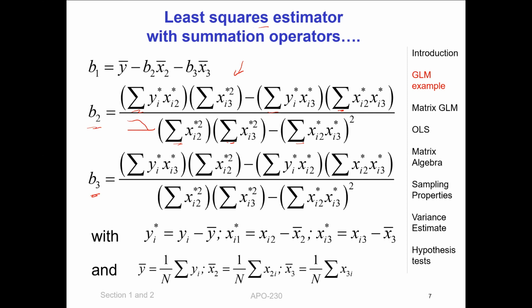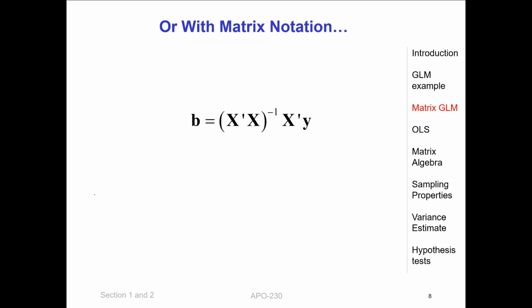Imagine the case, like I said, where I have 25 coefficients and thousands of observations. How are you going to do that? Therefore, in this case, matrix algebra or matrix notation will save us a lot of space.